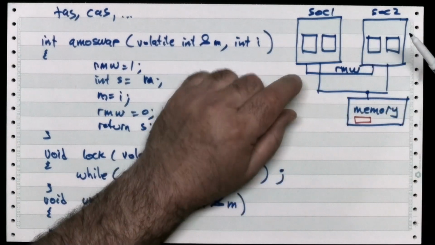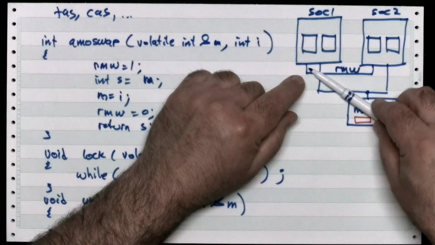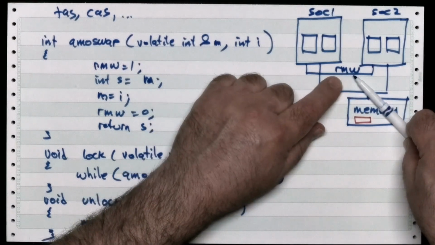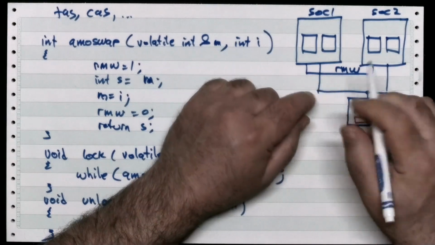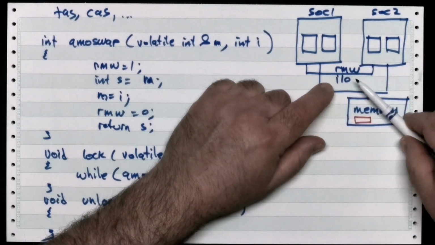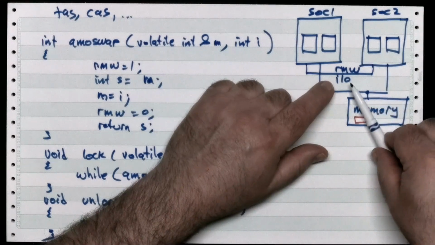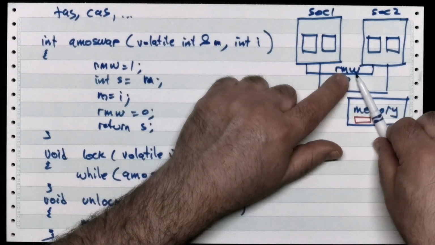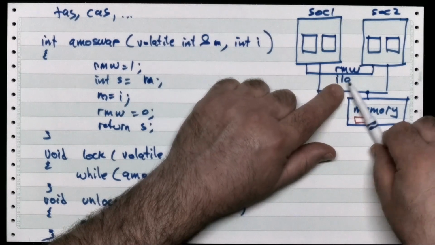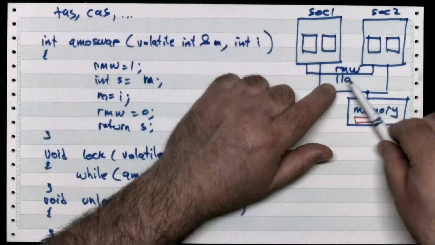The only thing we really add that we didn't have before is this one new signal called RMW. Sometimes it's called ILO. It depends on the different manufacturer of the chips. RMW stands for read, modify, write. ILO stands for interlocked operation. They all do the same thing regardless of the name.